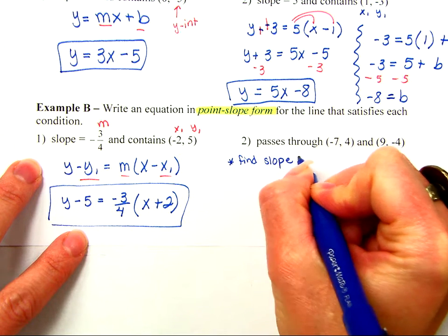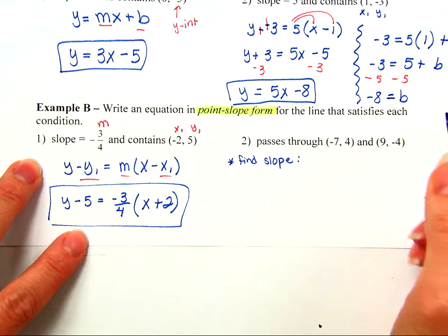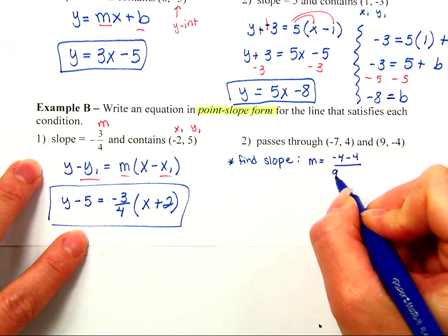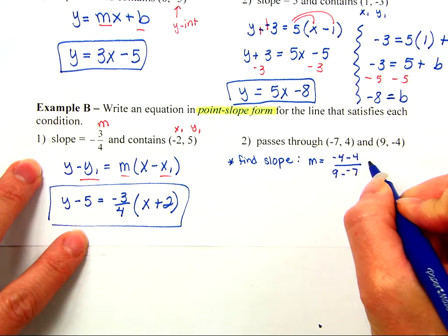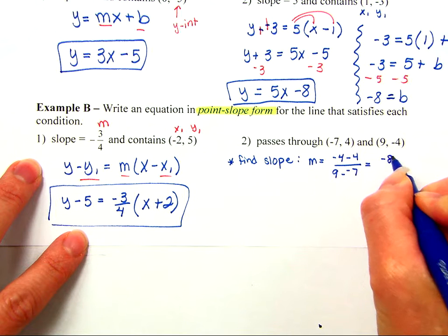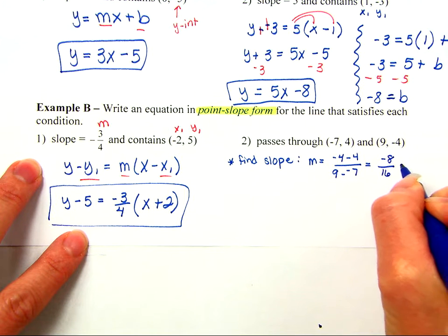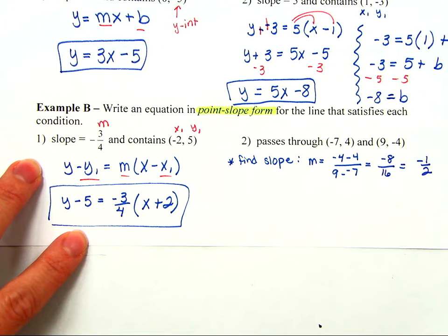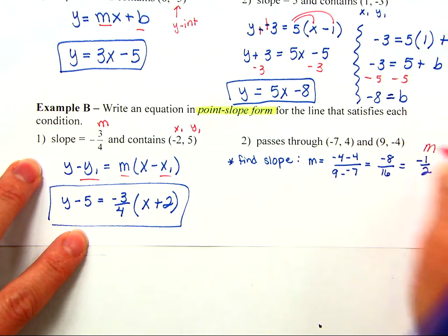So we'll use what we learned in lesson 5, where we took y minus y over x minus x. Okay, I find out that my slope is negative 1/2, so that's what I'm going to use as my m value.